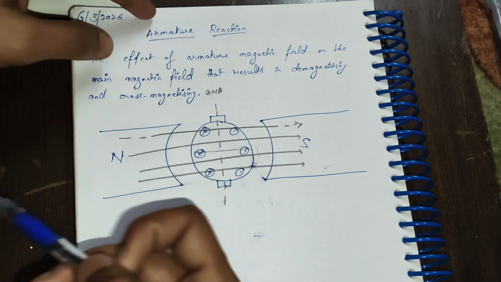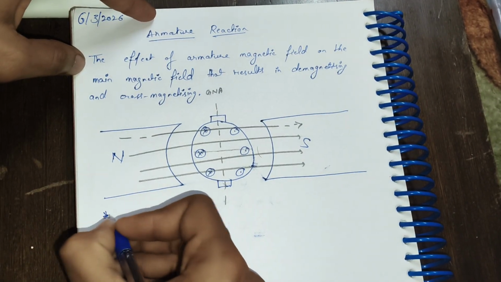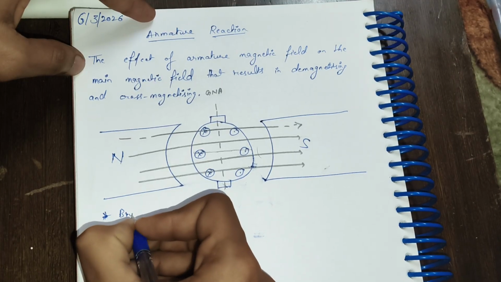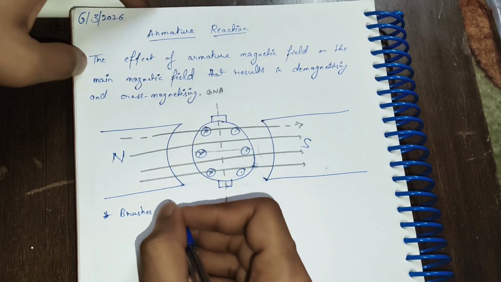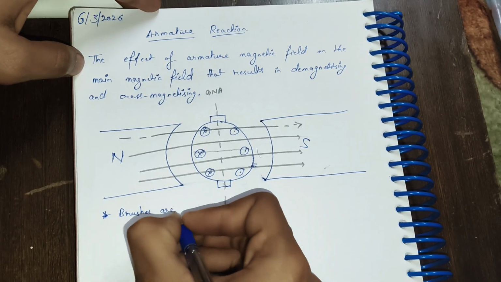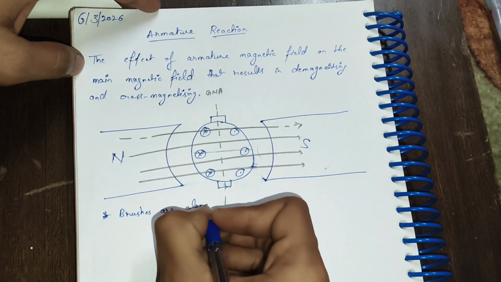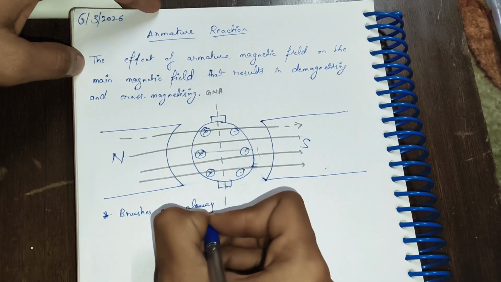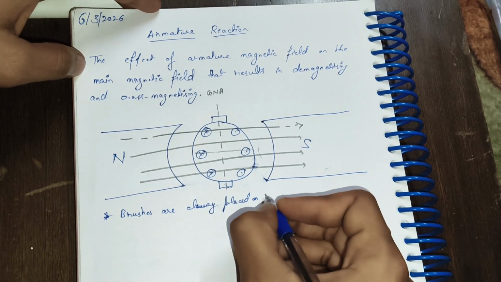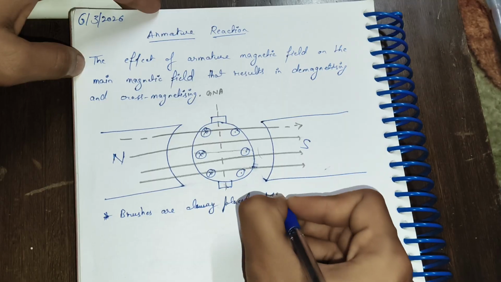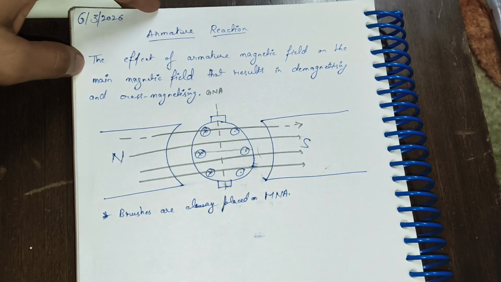The key point is that brushes of a DC machine are always placed on MNA.